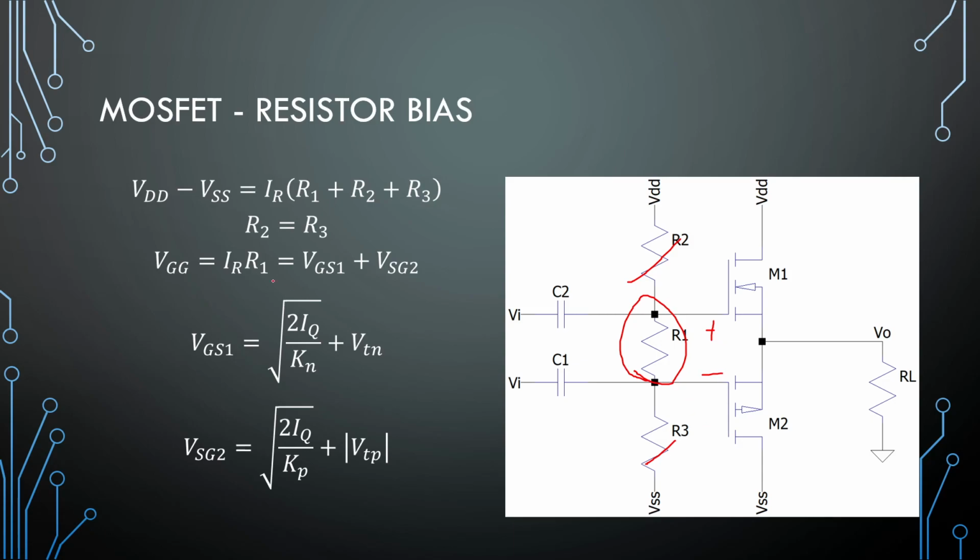Okay, so to get our VGG value, we need to find the voltage required for each transistor at our quiescent current. So if we choose 1 milliampere on this side, we're going to have to plug it into these two equations and find our VGS and our VSG value for our VGG.